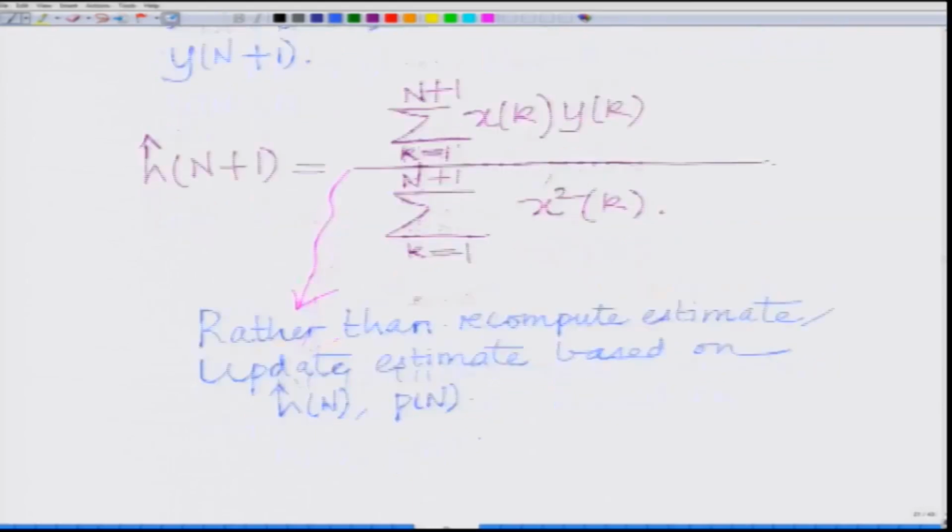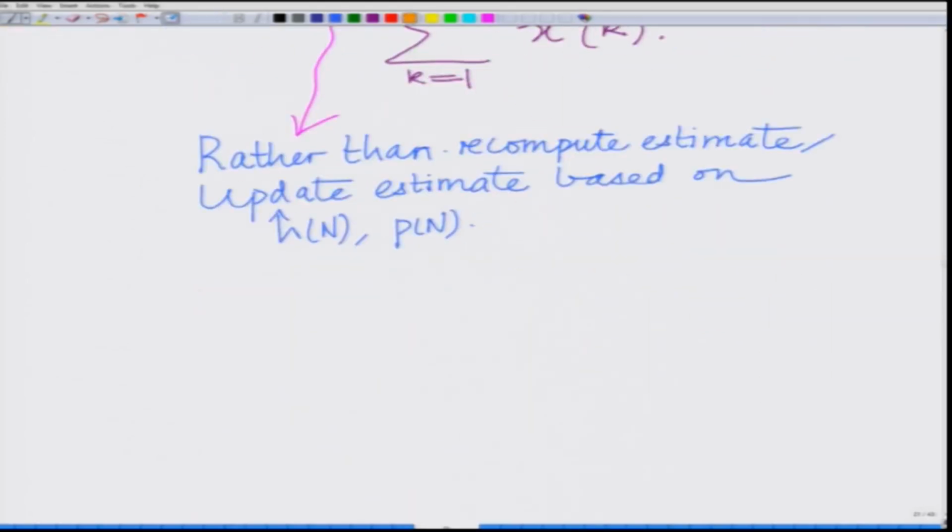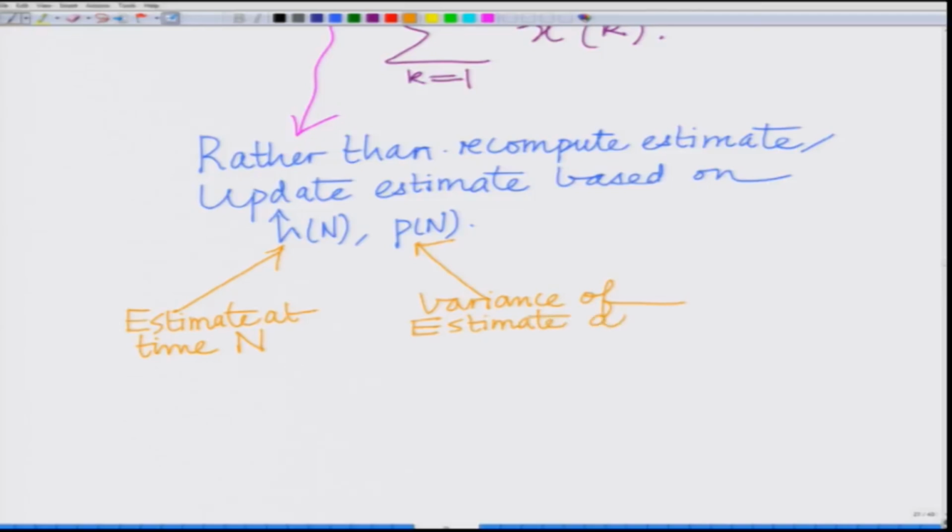and P of n. H hat of n is the estimate at time instant n, and P of n is the variance of the estimate at time instant n.